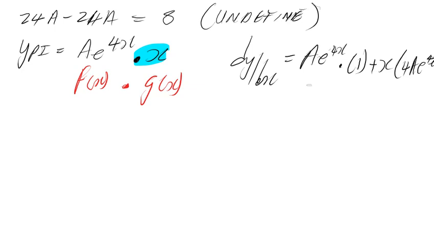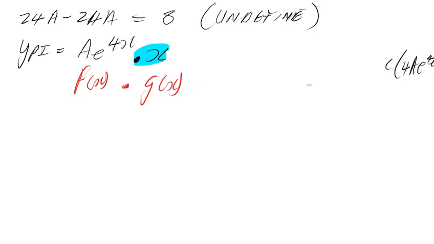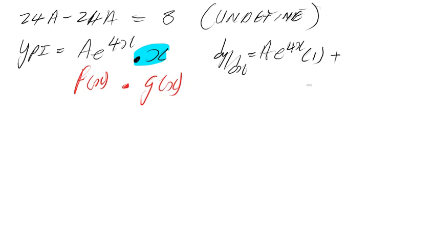Let me write it nicely. So you'll have dy over dx equals a e to the 4x times 1 plus x into 4a e to the 4x.